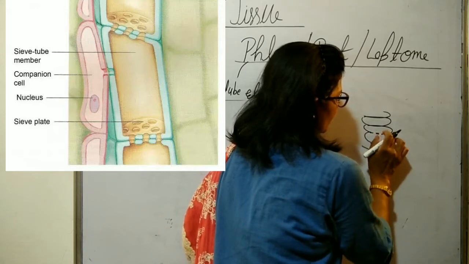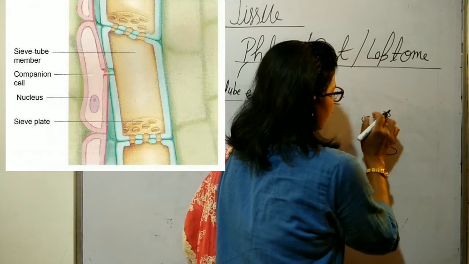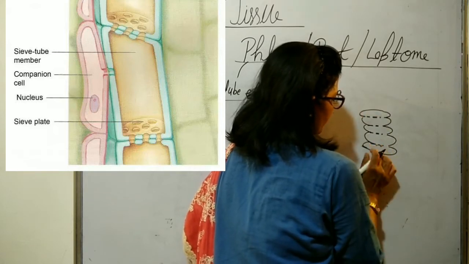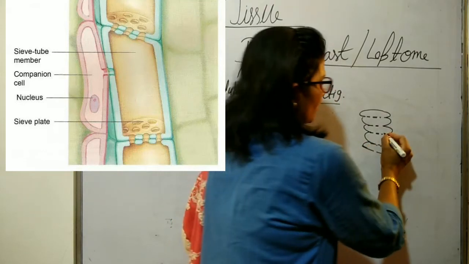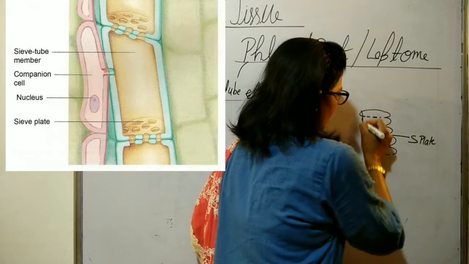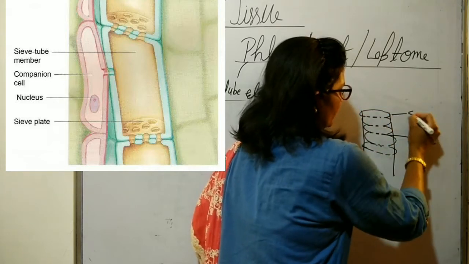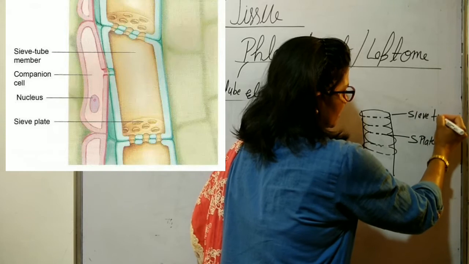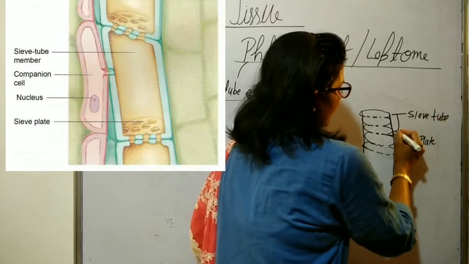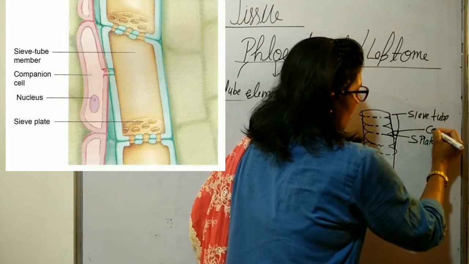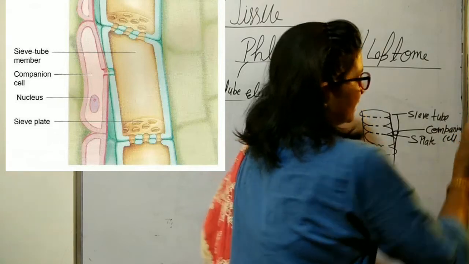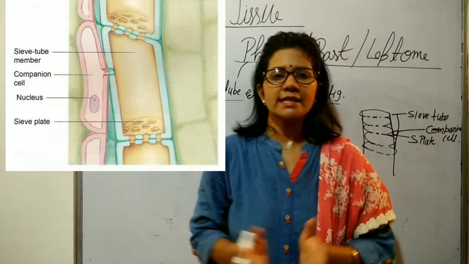You will find the pores here, meaning perforated, and so it becomes a tube-like tissue. These are your sieve plates, and the whole structure is a sieve tube, and it always occurs in association with the companion cell. The actual structure you can see on screen.